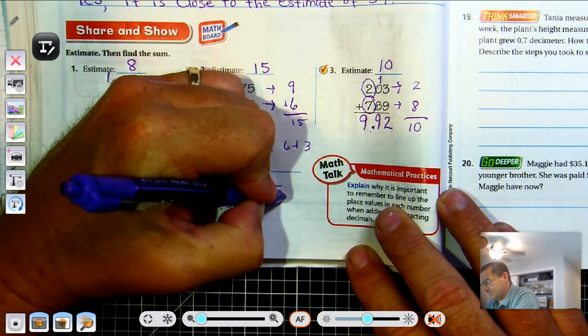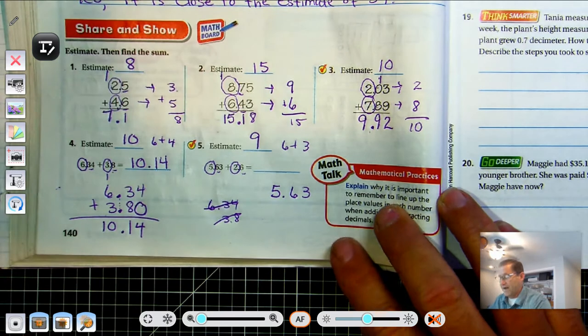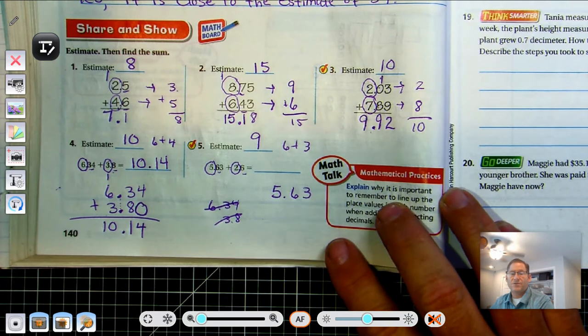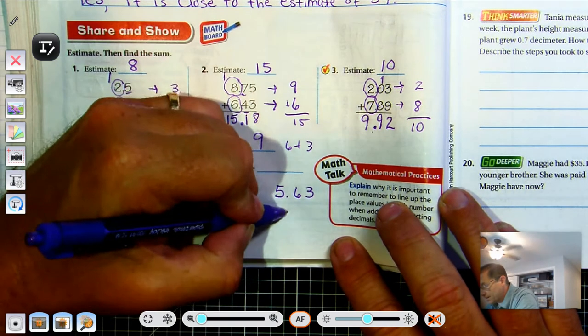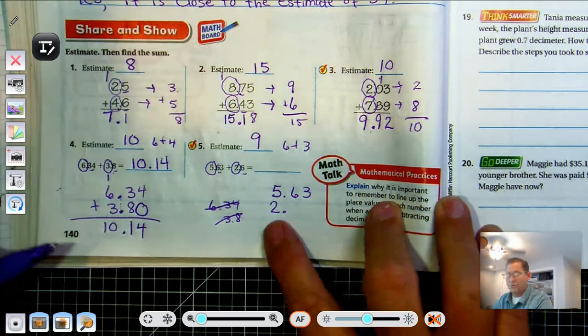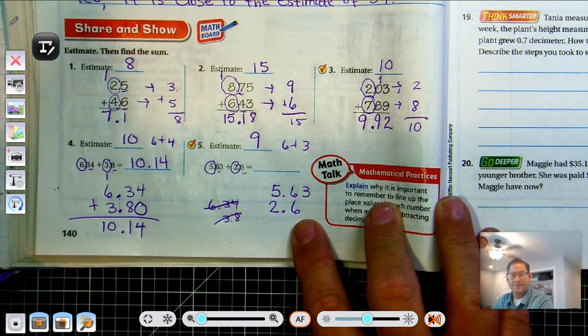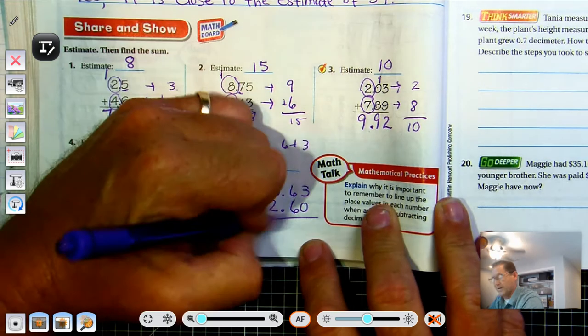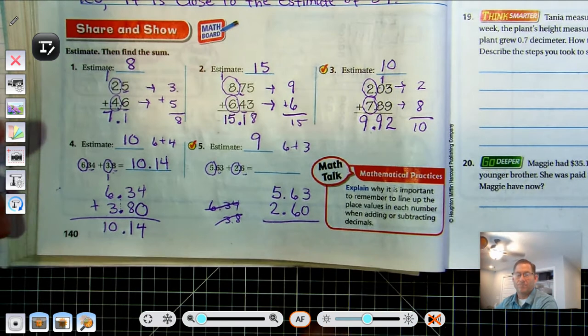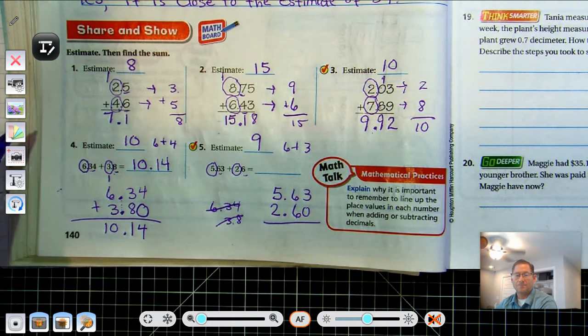Okay, rewrite it. So we have 5 and 63 hundredths, and then we have 2 and 6 tenths. And we can put a 0 so we have our place values, ensuring that they're all lined up.